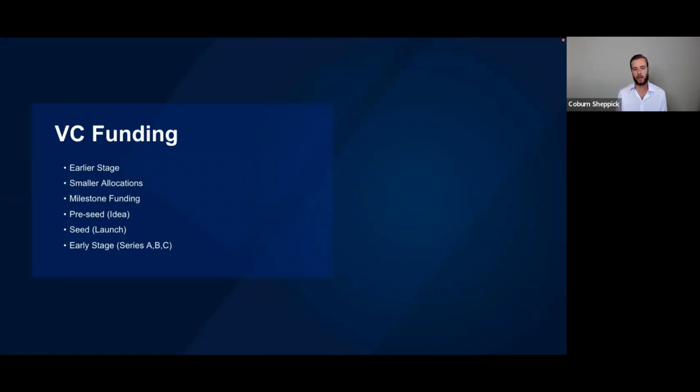I wouldn't be surprised if there's a consideration to take Twitter private from Musk and redevelop this poorly run giant company. Basically what happened with Twitter was sort of an example of a buyout. And so those are the main differences between venture capital and private equity.